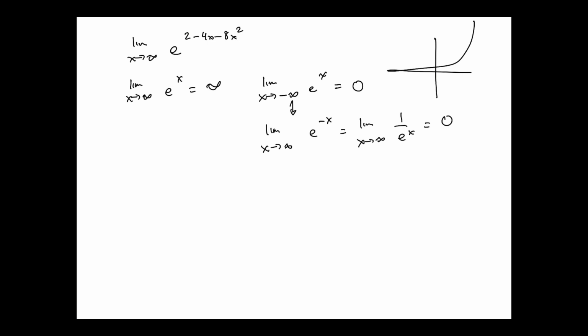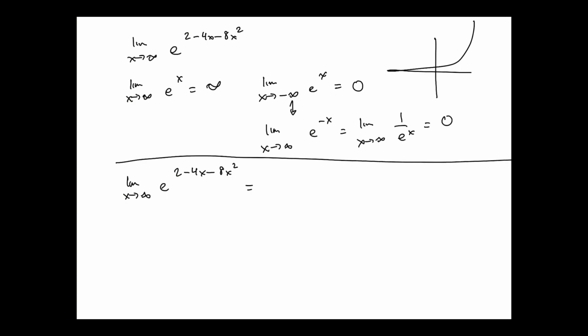Let's use that with the original question: the limit as x goes to infinity of e to the 2 minus 4x minus 8x squared. We haven't fully talked about continuity yet, but can I just plug in infinity?